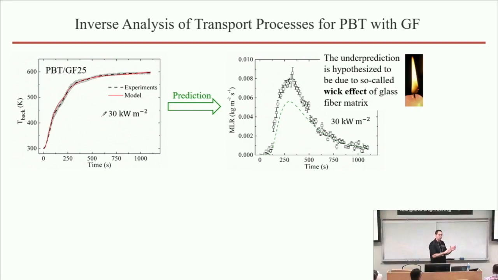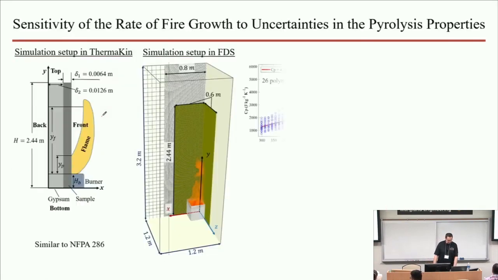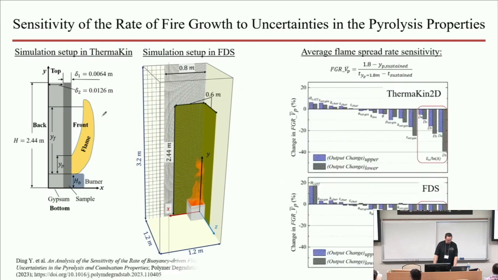So, good question as well. The question is that in the study of sensitivity to uncertainties that we talked about right here, that study suggests that among the uncertainties of various parameters, one of the parameters that impacts our prediction the most is the heat capacity of the virgin solid. And the question is, is it because we don't measure it well, or because we assume that this heat capacity is a constant, non-temperature dependent quantity?